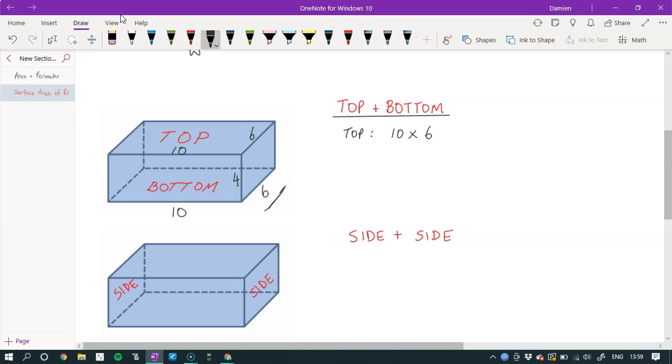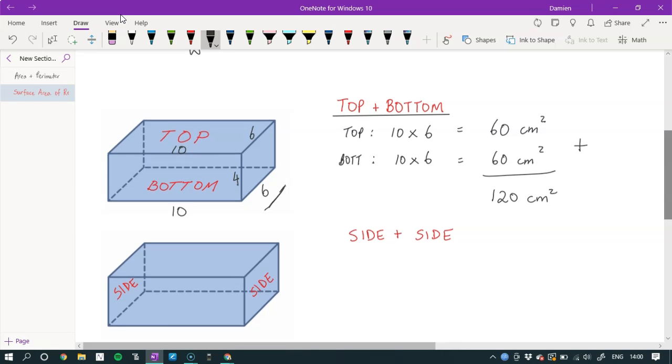That's the area of the top side. The bottom side is also going to be 10 multiplied by 6. And then you just work out those numbers. So the top is 60 centimeters squared. The bottom is 60 centimeters squared, which gives us a total of 120 centimeters squared when you add them together. So that's our top and bottom.